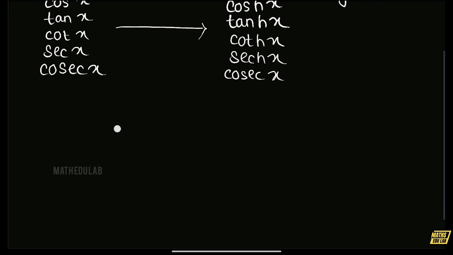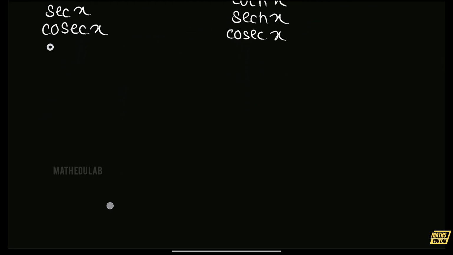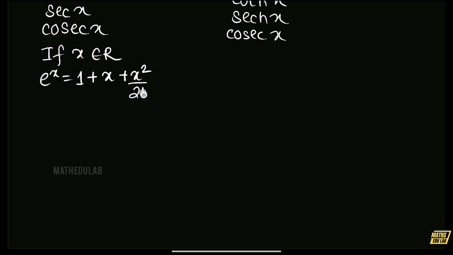At first we will consider x belongs to R. As we know, we will derive by using the e to the power x formula. So e to the power of x equals 1 plus x square by 2 factorial plus x cube by 3 factorial plus x to the power 4 by 4 factorial and so on.